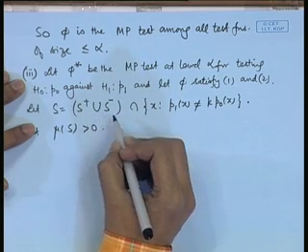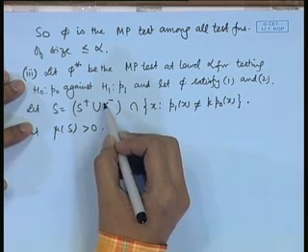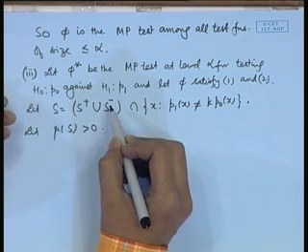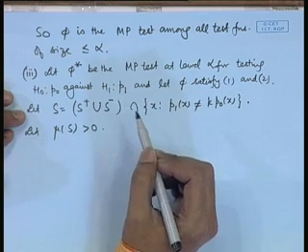Now, we have already seen that on S plus and S minus, the quantity phi minus phi star and P1 minus K P naught will be greater than 0.